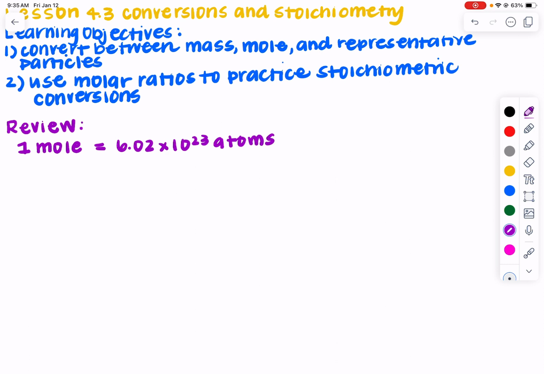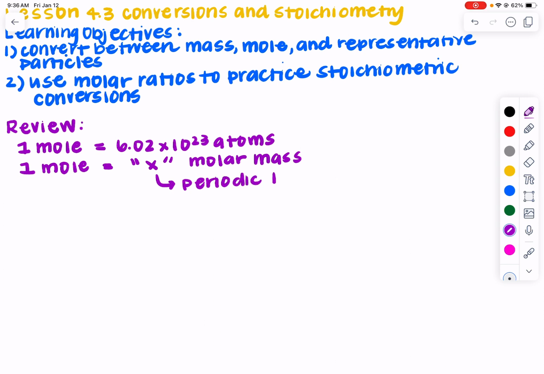Now, 1 mole is also equal to some type of molar mass. And this is different for each element or for each compound. And you need to utilize the periodic table for this. If you don't have a periodic table, you're not going to be able to do this worksheet. You're not going to be able to do anything.